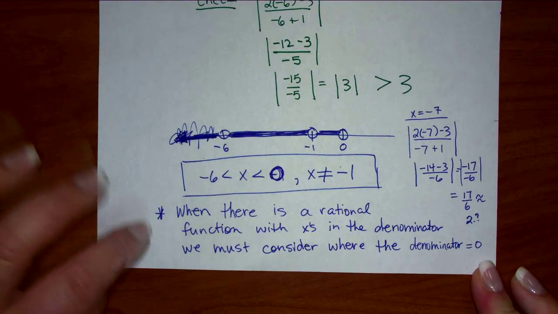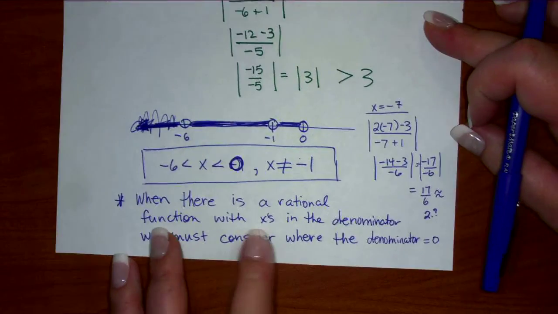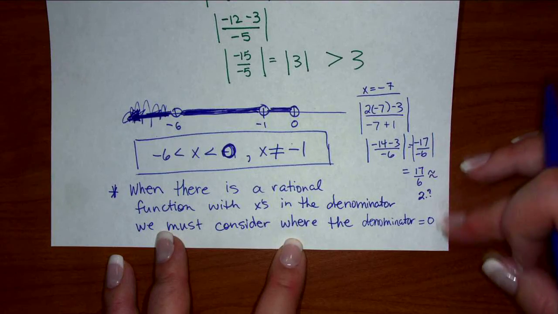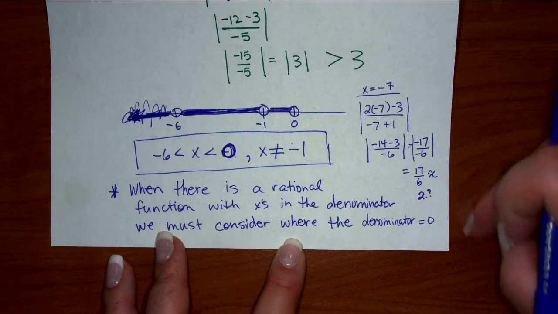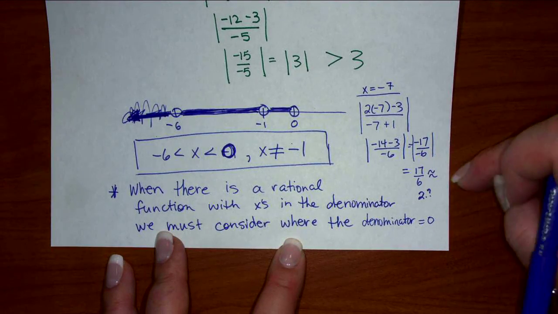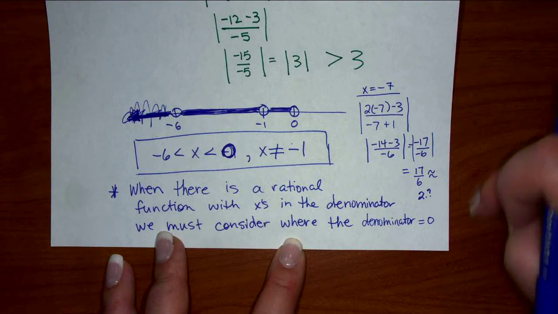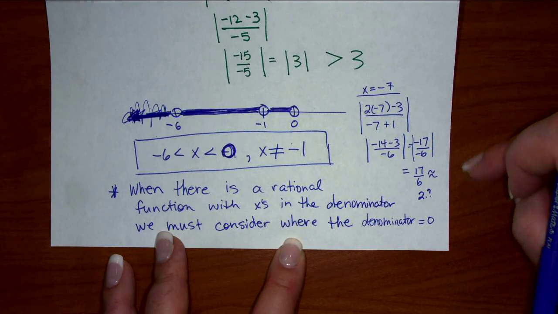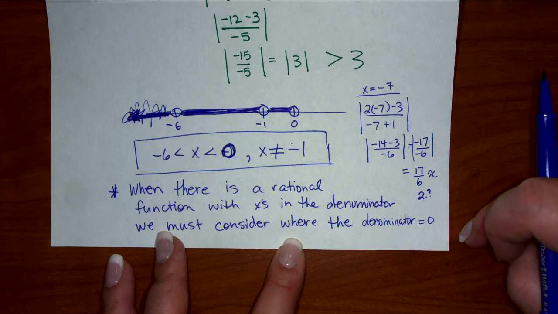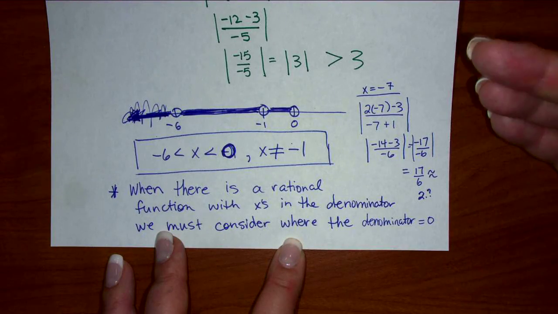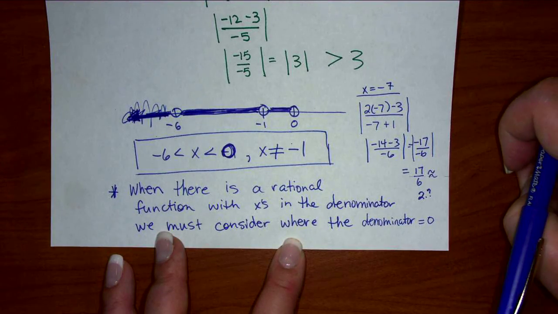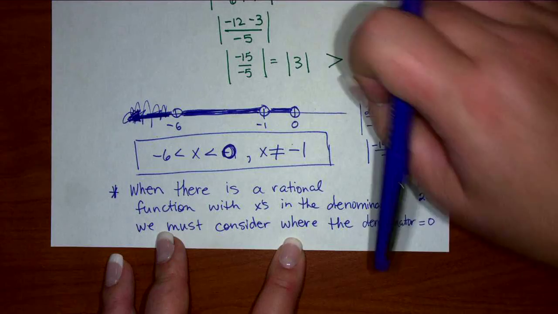So I actually didn't mean to do this today, but it's okay because we will go back to these, because when we solve fractions later, we have to look at where the domain is, which means what values don't work, and we have to take those out of any solution. So we are seeing this again. You don't need it for this particular assignment, but you will need it after.